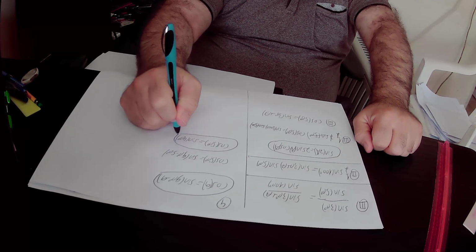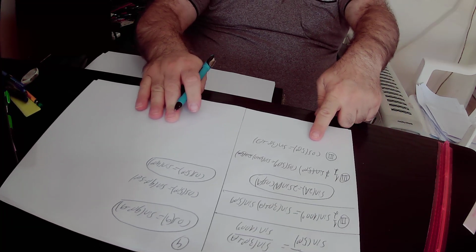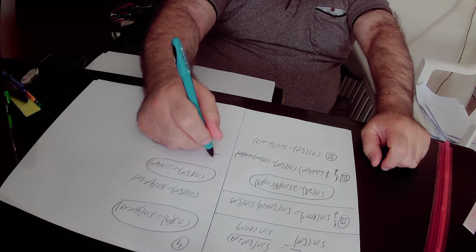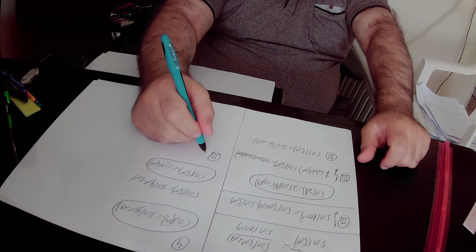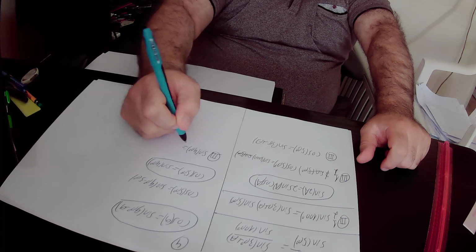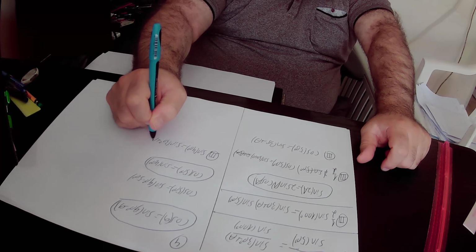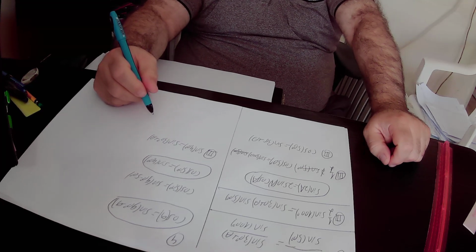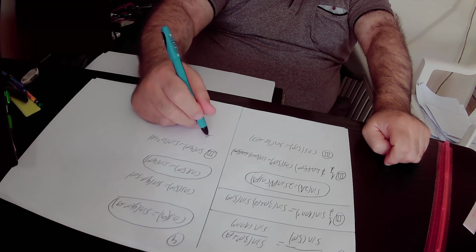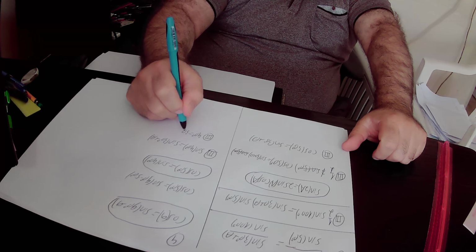Therefore, we can substitute cosine 50 degrees in equation number 3 by sine 40 degrees. And we will get that according to equation number 3, sine 40 degrees equals sine 30 degrees plus theta, which means that 40 degrees equals 30 degrees plus theta.